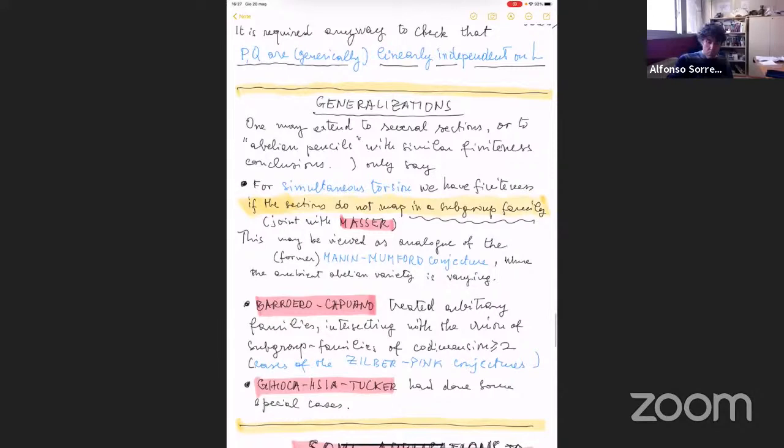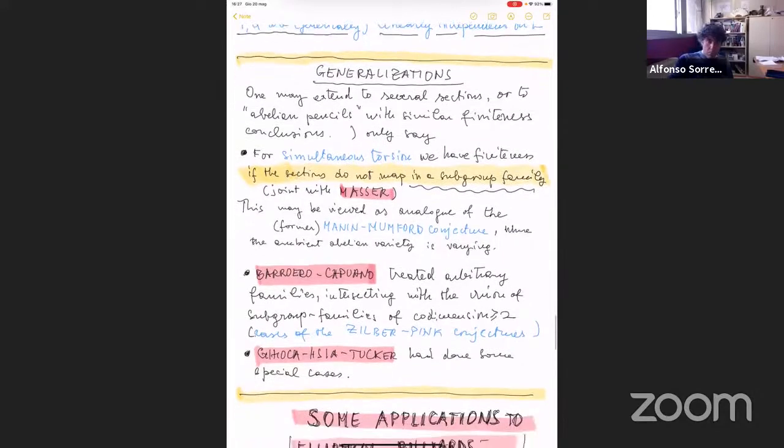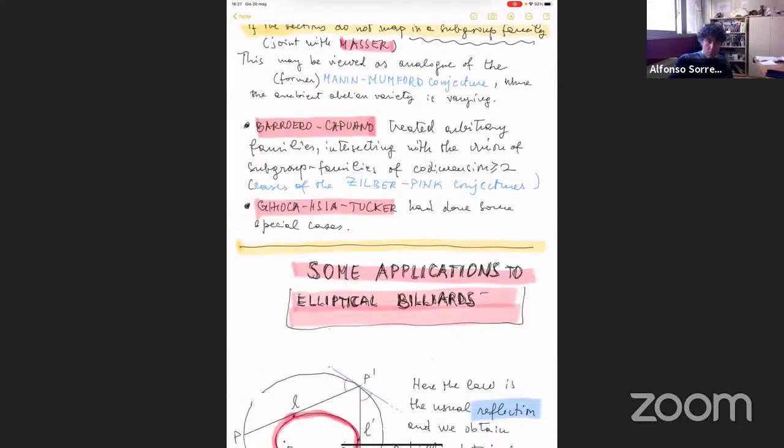And Barroero and Capuano treated also arbitrary families; they consider not just the torsion, but subgroup families of codimension at least 2, and they proved theorems which gave the previous one as special cases. And these other authors, Habegger, Garcia and Tucker, had done before some special cases.